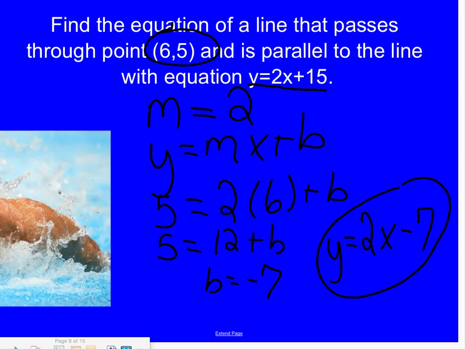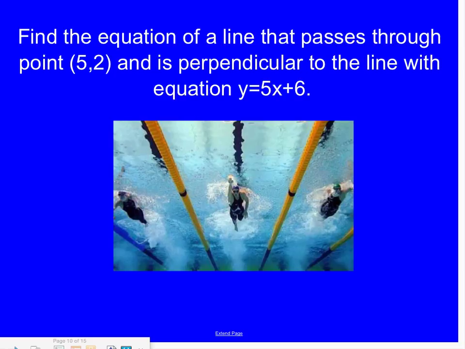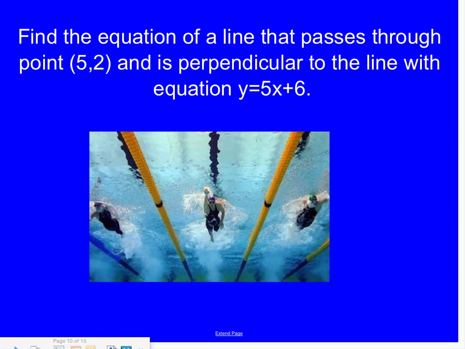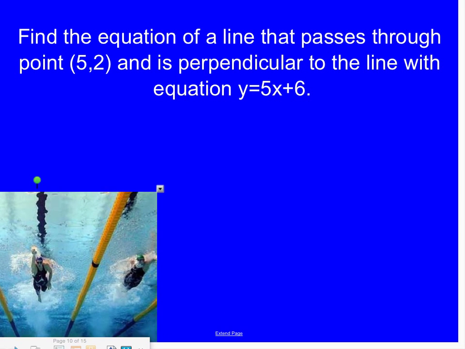So now let's take a look at ones that are perpendicular. They want you to find an equation of a line that passes through point 5, 2 and is perpendicular to the line with equation y equals 5x plus 6. When they're looking for an equation for perpendicular lines, the slope is the opposite reciprocal.